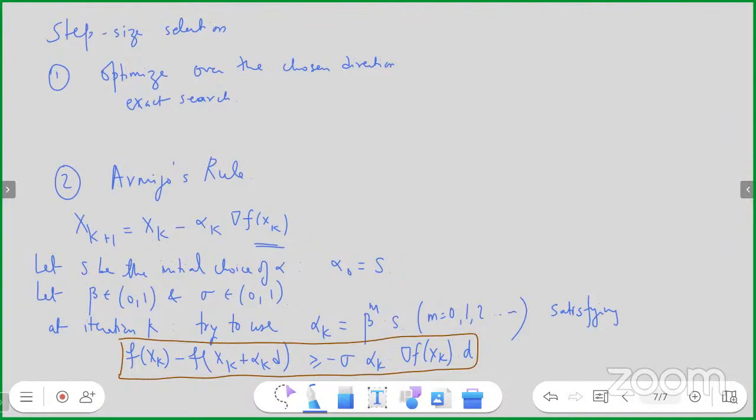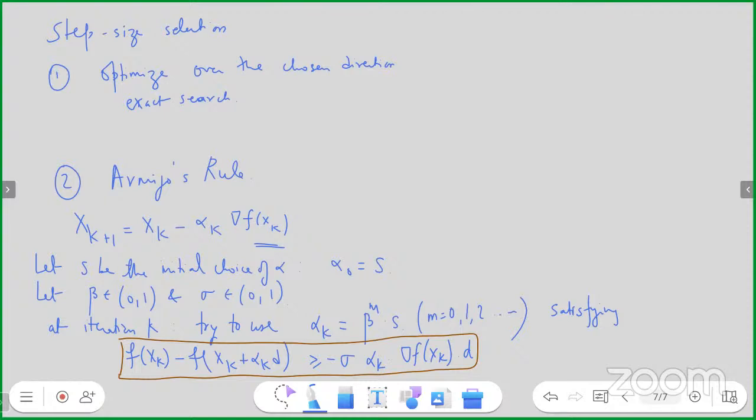So now tell me, what choice of m should I make? As m increases, what happens to this? Beta is something between 0 and 1. So as m increases, beta^m goes to 0. s is some fixed quantity. So what's happening to alpha_k? You're sitting at one particular step k.